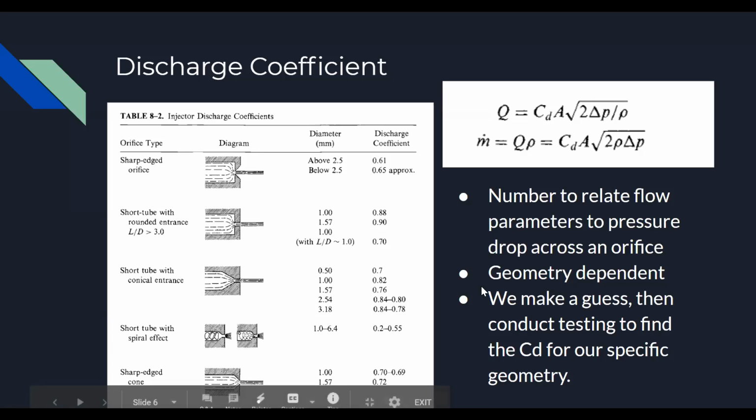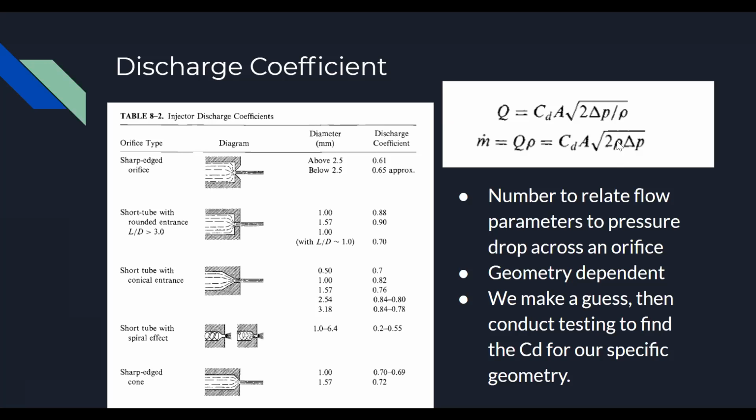So again, we make a guess, and then we size the orifices. If you have this equation here with m dot, you have your propellant mass flow rates. You make an initial guess at a discharge coefficient.